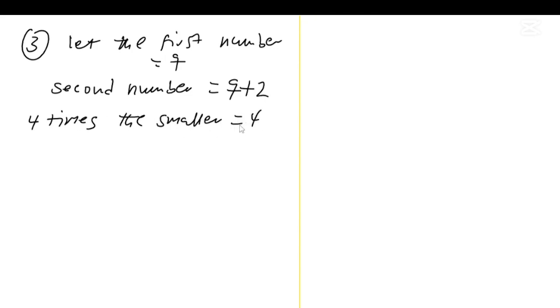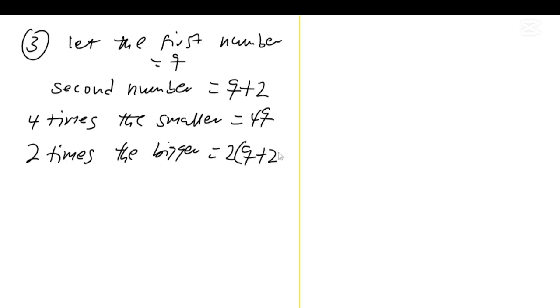Four times the smaller is given as 4Q. And then 2 times the bigger is given as 2 multiplied by Q plus 2. So let's take note. If the first number is Q and the second number is Q plus 2, we realize that Q plus 2 is bigger than Q.